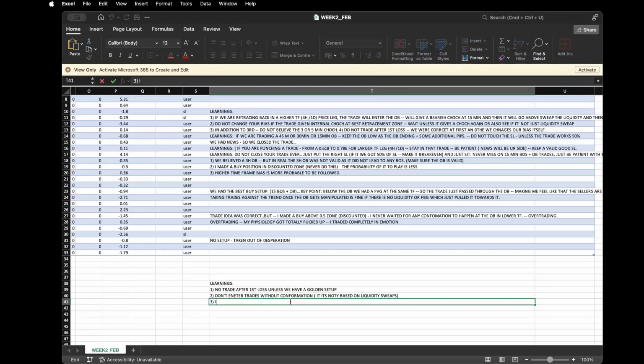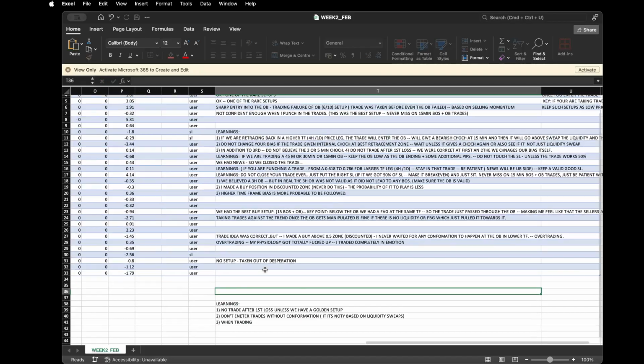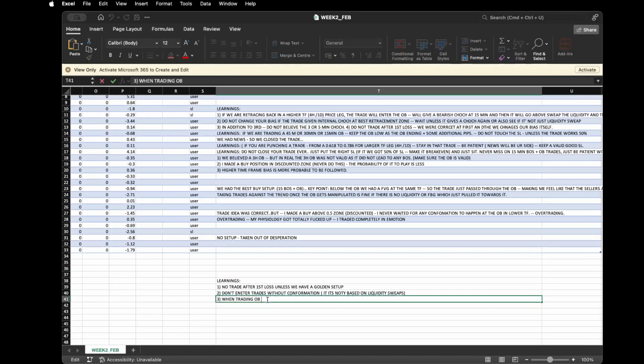When trading order block failure trades, make sure we don't have liquidity or FVG which the market just wants to enter before moving.